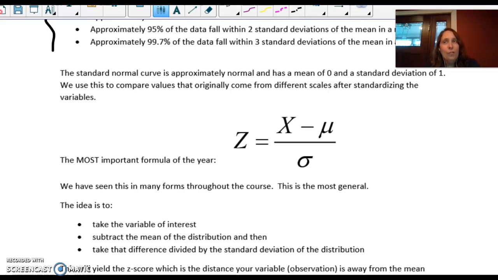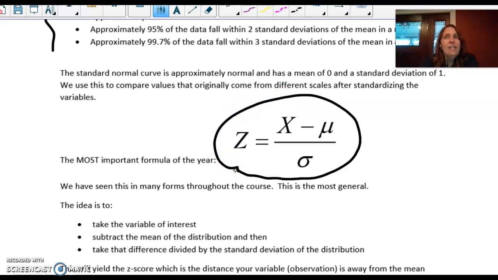Well, a standard normal curve is approximately normal, so unimodal and symmetric, with a mean of 0 and a standard deviation of 1. When you take 2 different variables that can't otherwise really be compared and you put them onto the same scale by standardizing, you then will use this formula to be able to see which one is better, which one is lower, which one has a higher probability, that kind of thing.